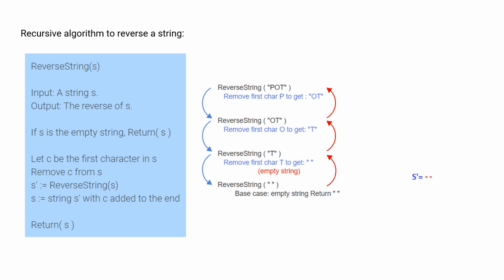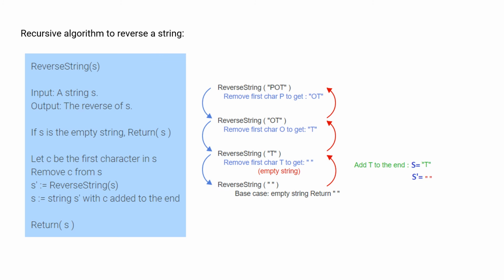But then the next thing we do is we find a new string that we're going to call S, which is what we get when we add whatever got taken away in that iteration back, but put it back at the end on the right. Okay, so this is that last iteration where we took out the T. So we're going to add the T to the end, which in this case would be the only thing in there since it started out as the empty set. But now we're going to call that S.